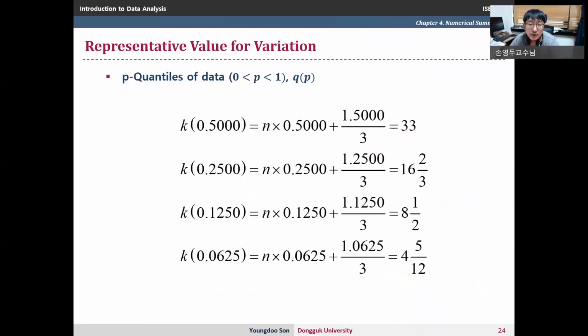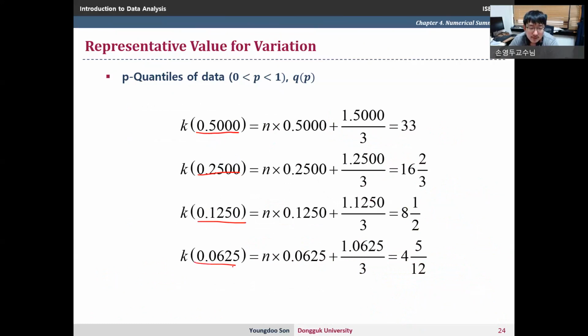So with this formula, we can redefine the p quantiles.